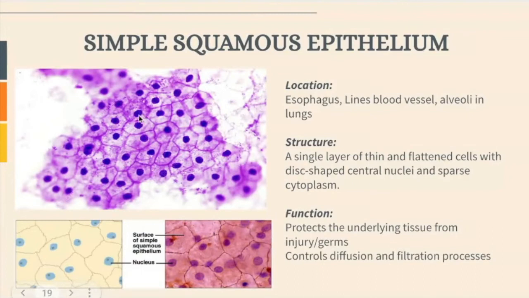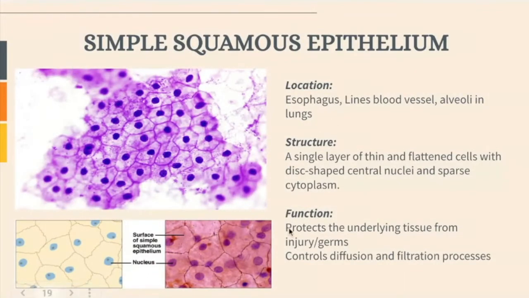It is easy to differentiate squamous epithelium from other cells because it has a very distinct shape and the nucleus is central. In some cells, you will find the nucleus at the lining of the plasma membrane, but for epithelial cells, the nucleus is actually at the center.